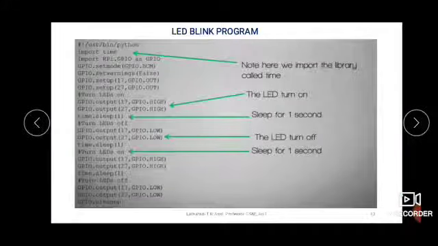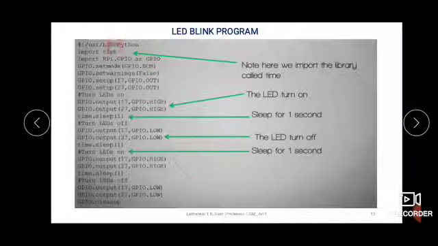Now the LED blink program. LED blink means for some time the LEDs will glow, and for some time they will be off. Again it will be on, again it will be off. Such a program can be written like this. A similar program is written here: import RPi.GPIO as GPIO.